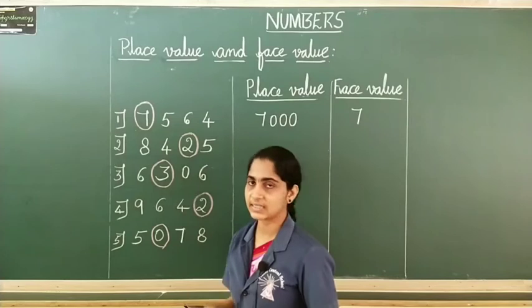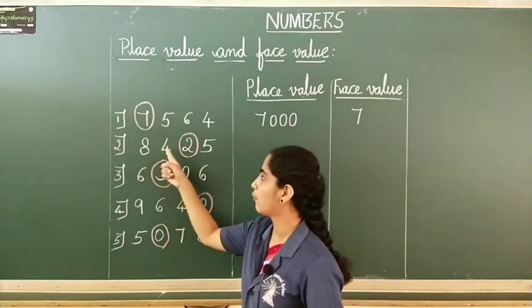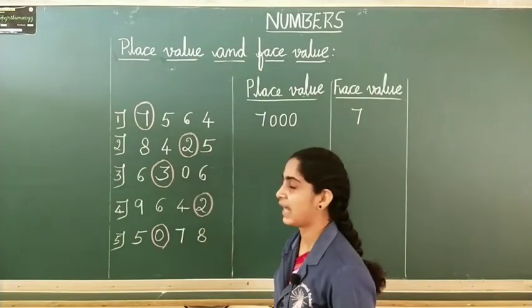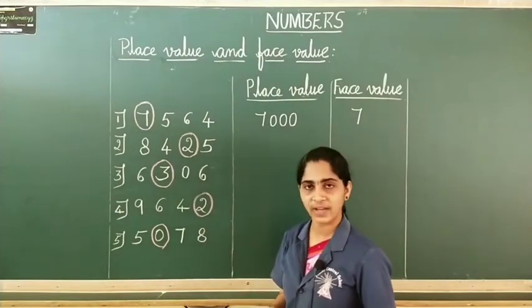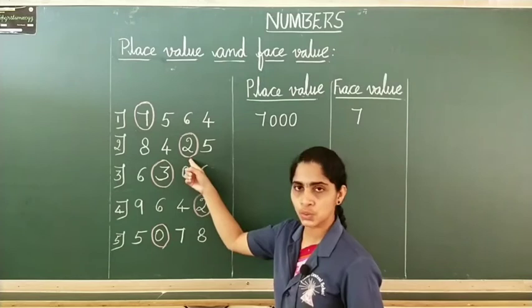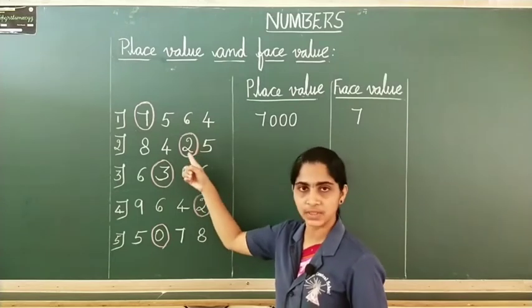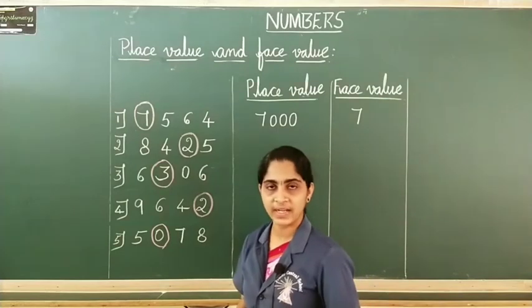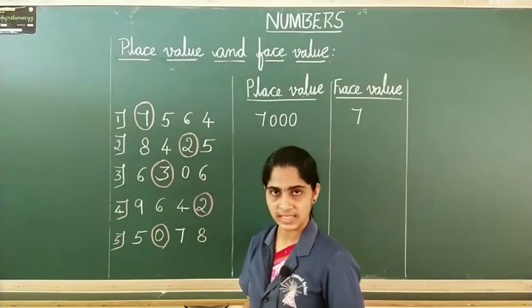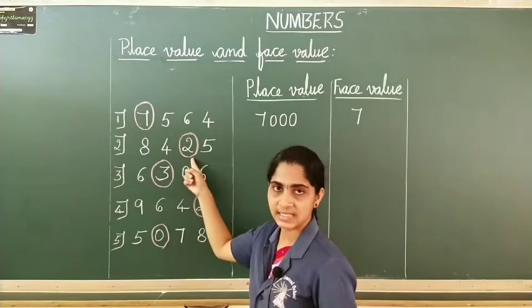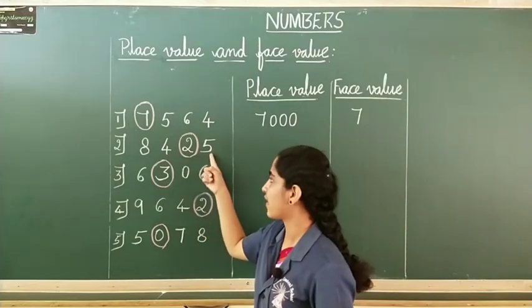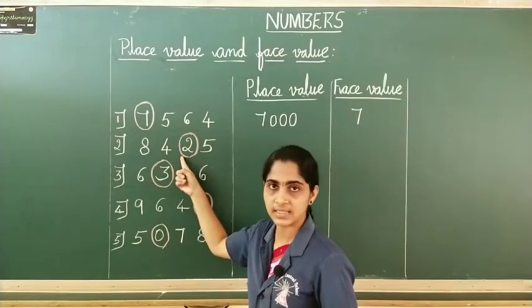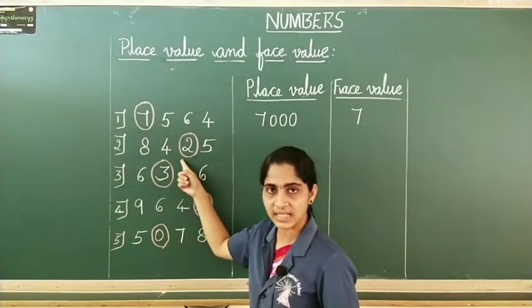Okay, let's move to the second example. You can see here the digits 8, 4, 2, 5. Now we have to write place value and face value for this 2 because I have circled the number 2. Now, in which place we can find 2? Yes, 2 is in tens place. 5 is in ones place, 2 is in tens place. That means how many tens are here?